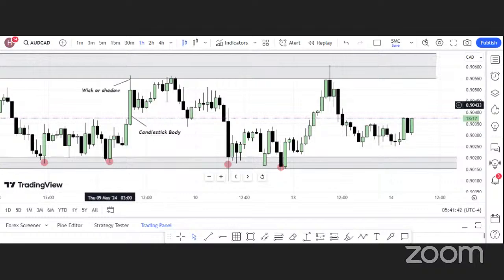So we have the wick, which is this, and then we have the candle body, which is this.